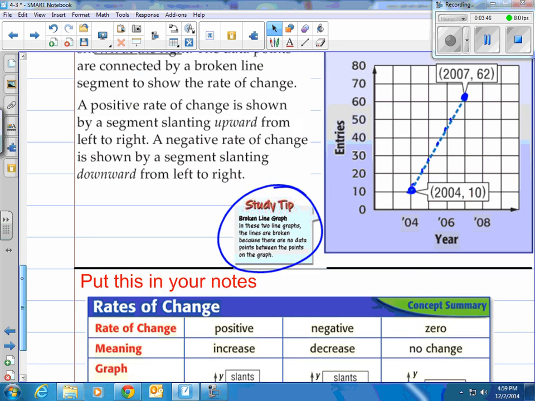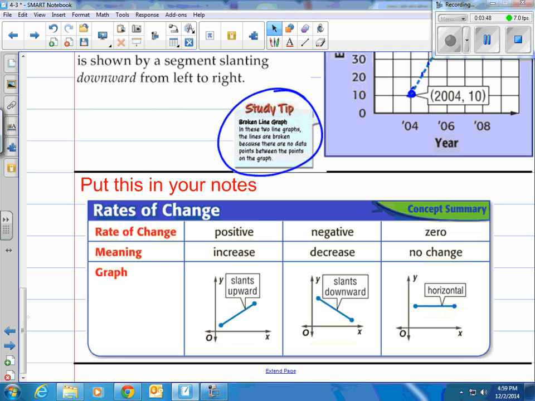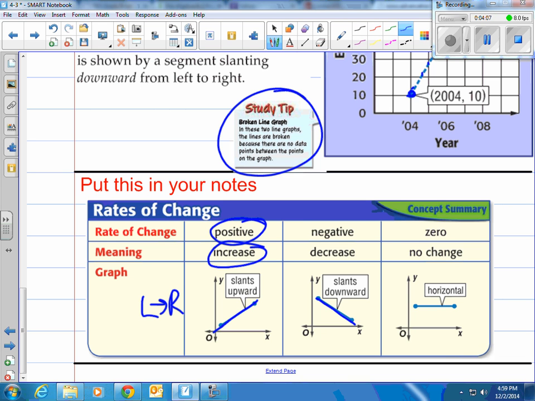Something I want you to put in your notes is just our rates of change. Notice the first one, this is our positive rate of change. We call that an increase, and that shows on a graph going up from left to right. If it's going up, we call that a positive rate of change. If it's going down, then we call that a negative rate of change or a decrease.